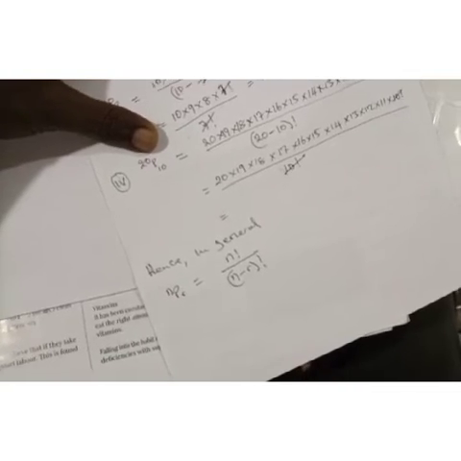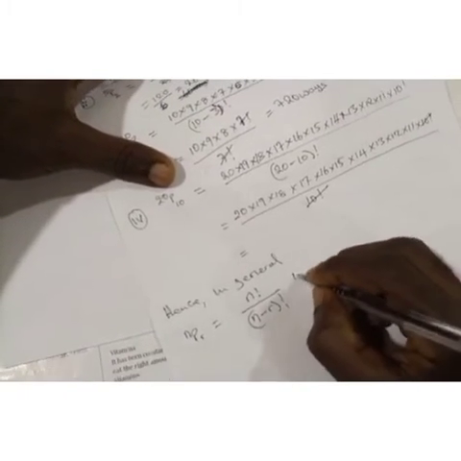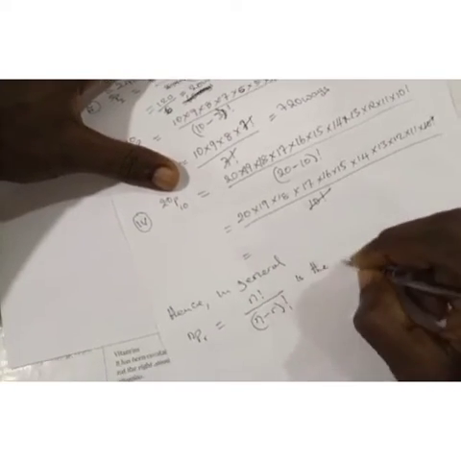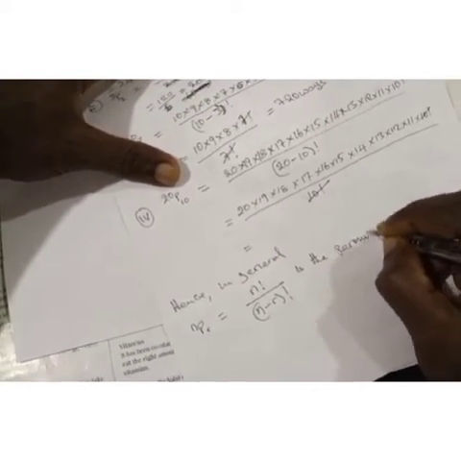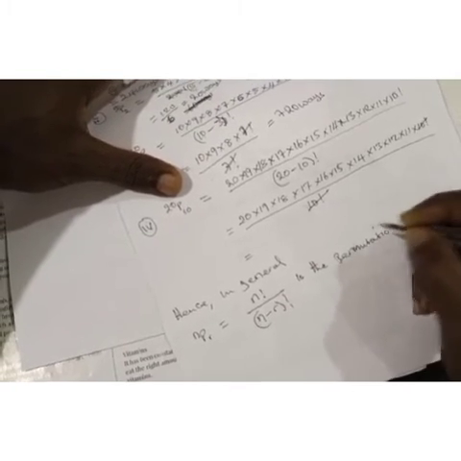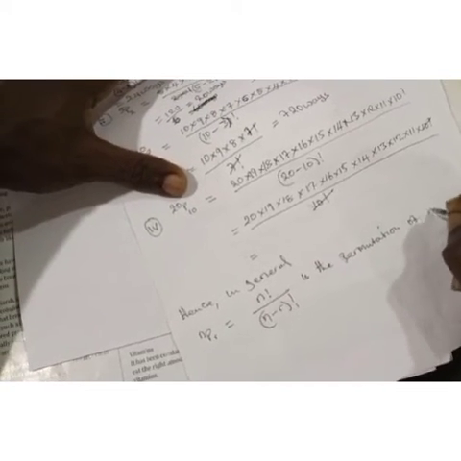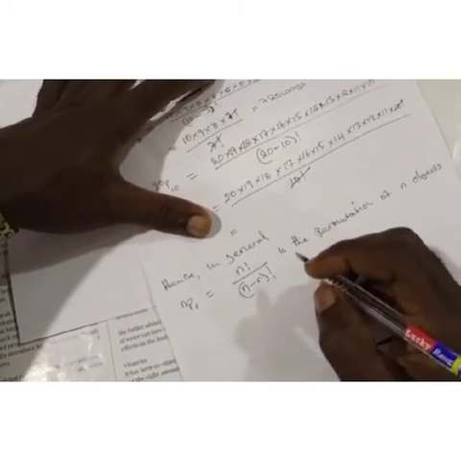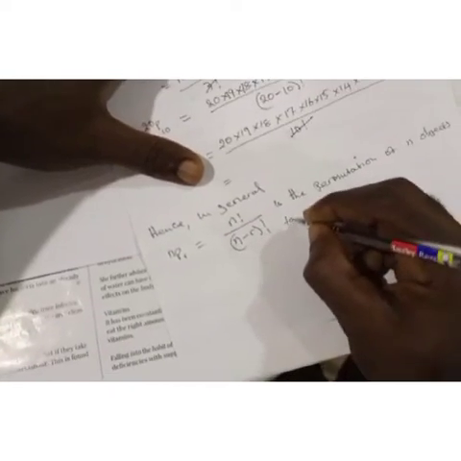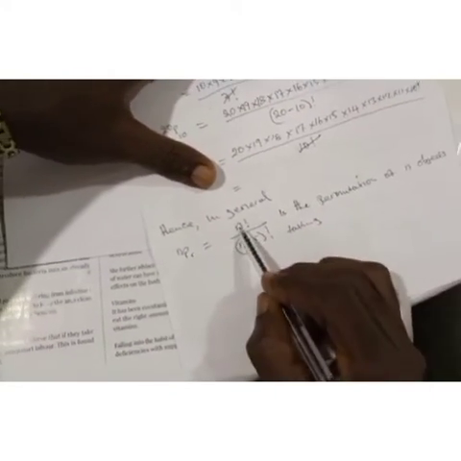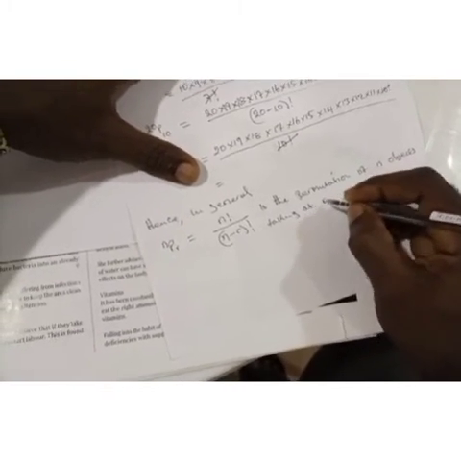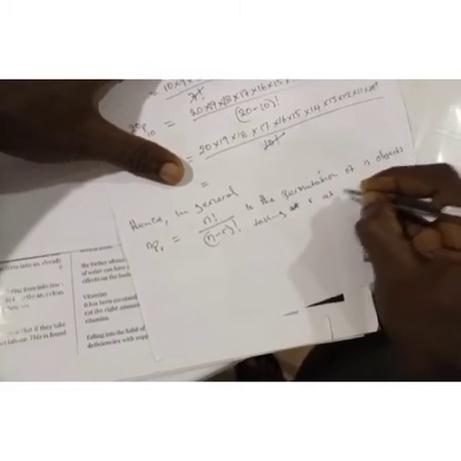So when we have this, it can be said this is the permutation of n objects taken r at a time.